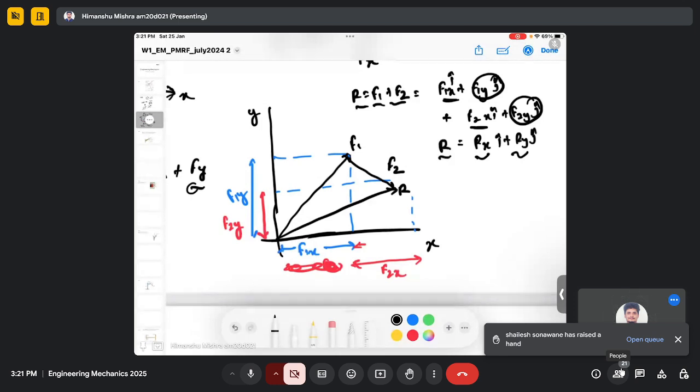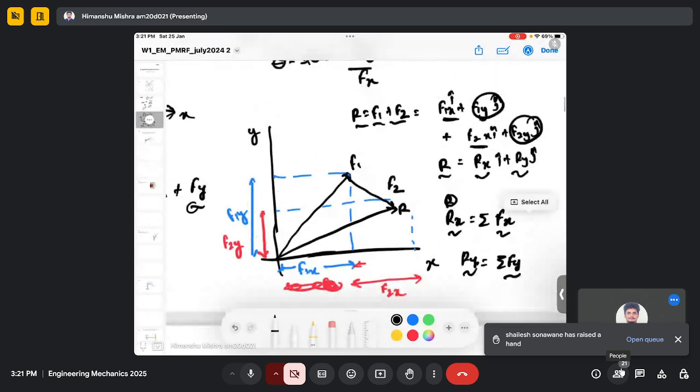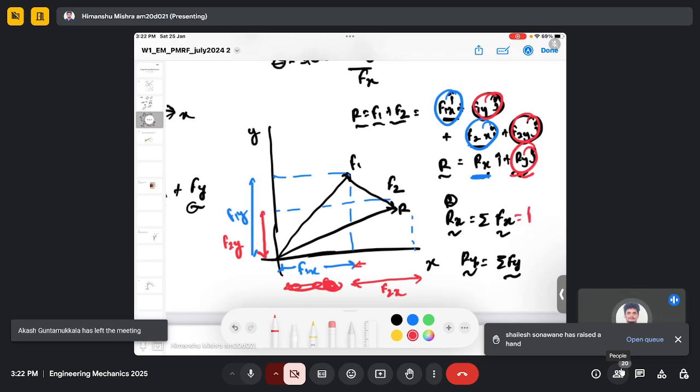From this analysis, the resultant force in the x direction will be the summation of all the forces in the x direction, and the resultant force in the y direction will be the summation of all the forces in the y direction, because here you are summing F1x and F2x to get Rx, and summing F1y and F2y to get Ry. So this is F1x plus F2x, and this is F1y plus F2y.